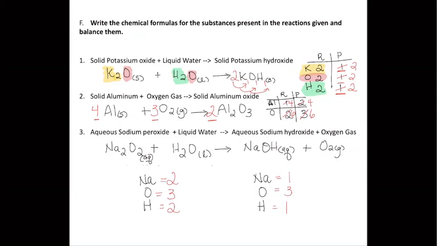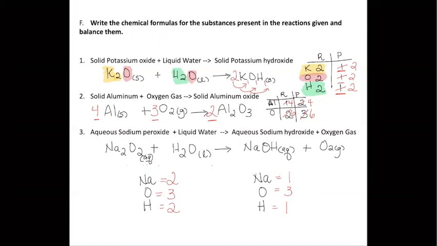Now, when we look at this, we can say, oh, the oxygens look balanced, because we have 3 in the reactants and 3 in the products. So technically, the only thing that we have to balance is the sodium and the hydrogen.